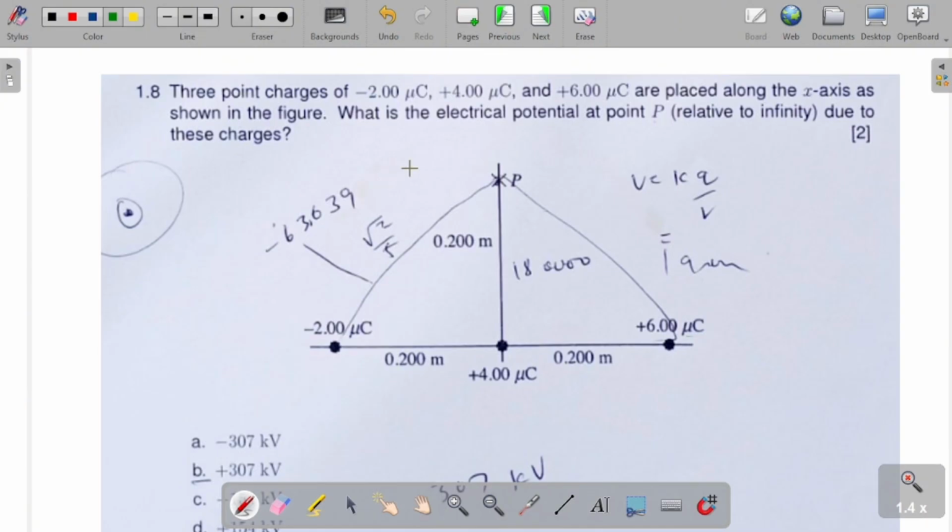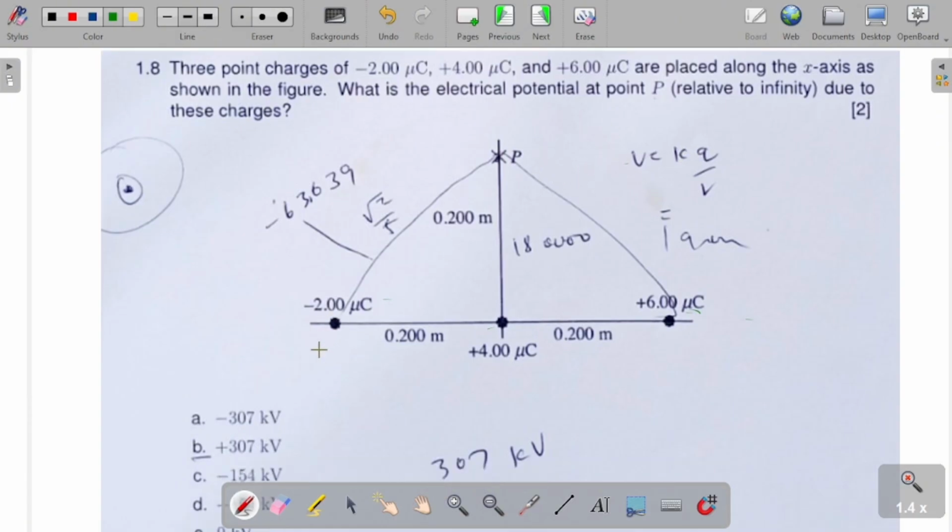Relative to infinity could also say if you calculate the potential due to 1, 2, and 3 separately and then add them up at a point P, what will be your potential? Absolute potential.